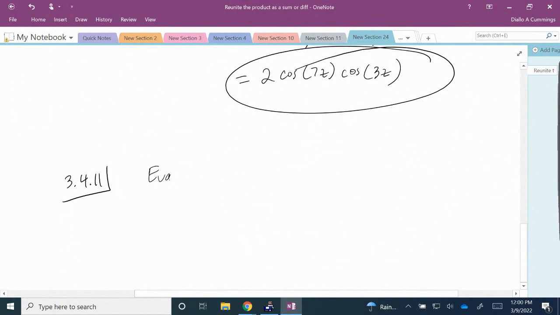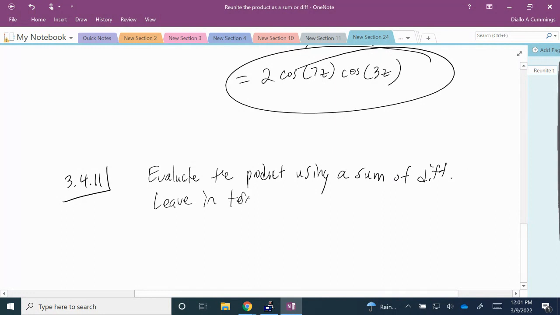And we're asked to evaluate the product using a sum or difference, and it says to leave in terms of sine and cosine.